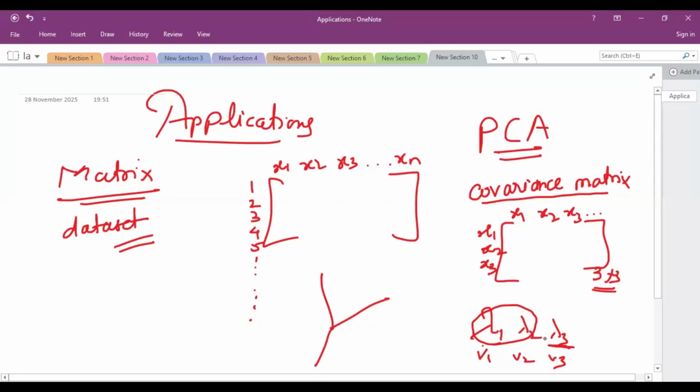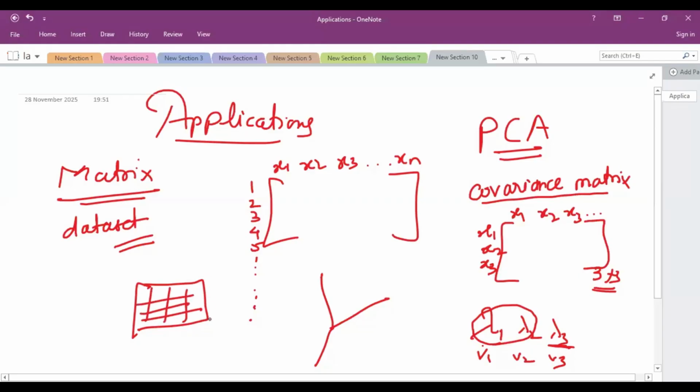So what we have done is we have reduced the dimension, and we know how easy things become for computations when the dimension gets reduced. So this is principal component analysis, which is also used in image compression, because if we work with grayscale images, these are nothing but matrices.